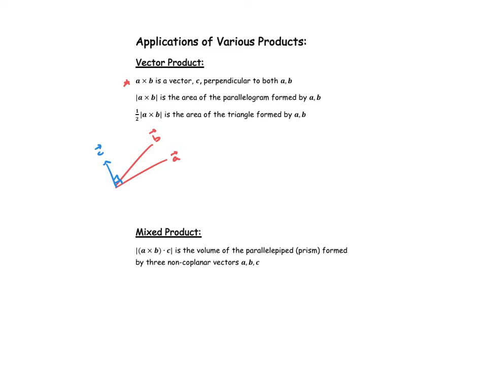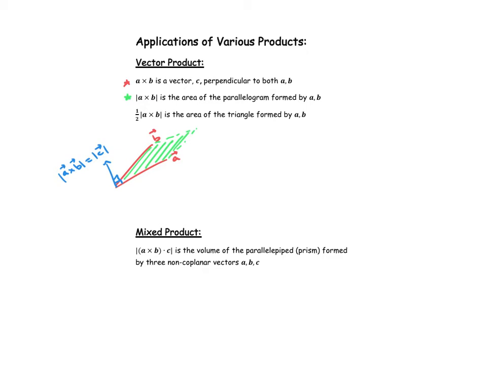What's interesting about the magnitude of A cross B? If I take the magnitude of C, which is A cross B, recall this is A cross B. If I took the magnitude of that new vector, and I'll prove this in a different video, that actually finds us the area of the parallelogram that would be formed by vectors A and B. Really interesting.